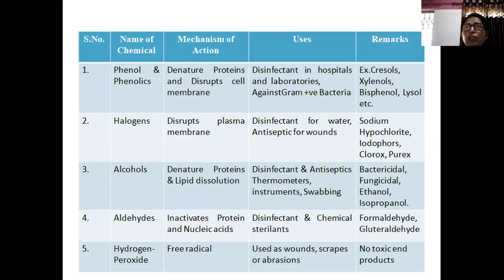Doctors swab your skin to remove the microorganisms present there with the help of 70% to 90% alcohol. The alcohols are very effective against the bacteria, against the fungi. Some common alcohols are the ethanol and the isopropanol.